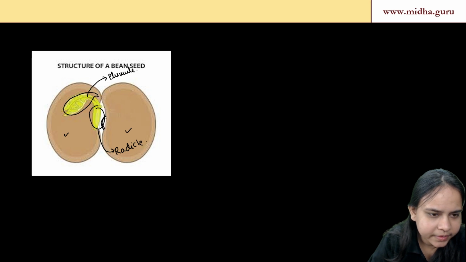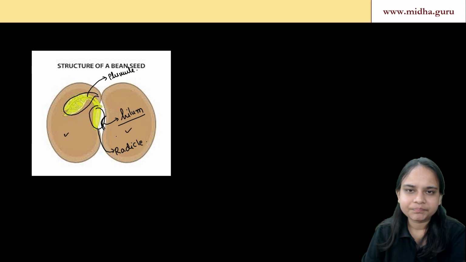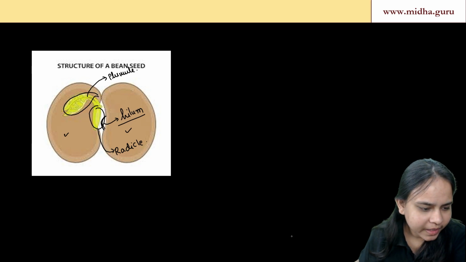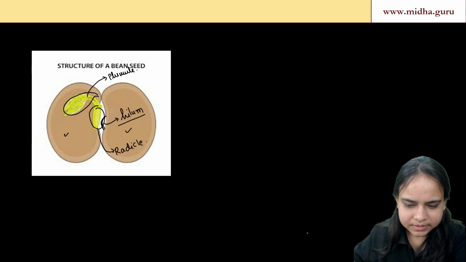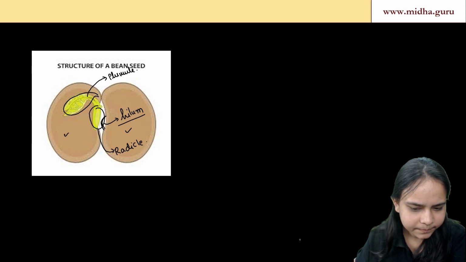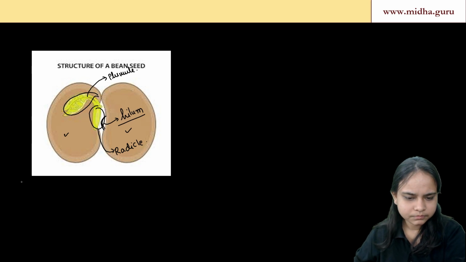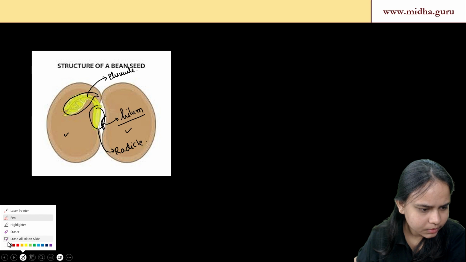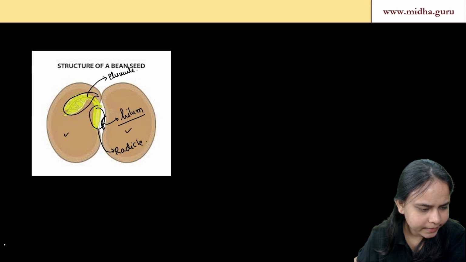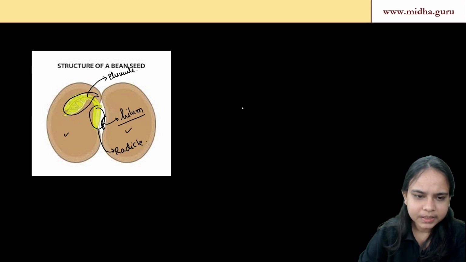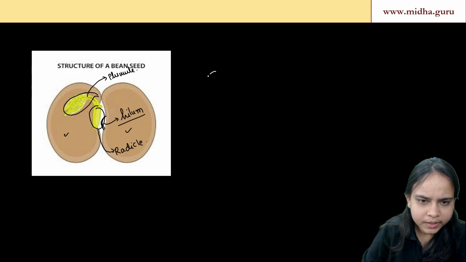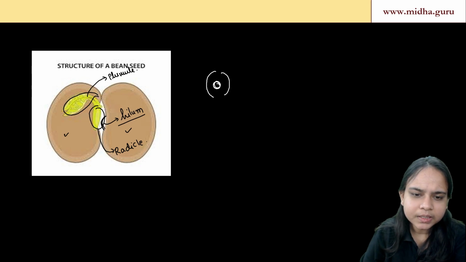Then if you clearly observe, there is a white scar here, right? There is a white scar here. This white scar is termed as hilum. Now let us understand what is hilum. See, earlier what we have discussed in the first slide in fact, we have discussed that the ovary and the ovule is connected by a tissue named as placenta.